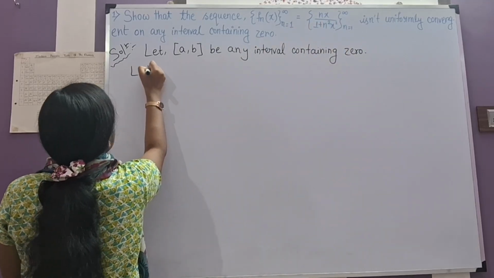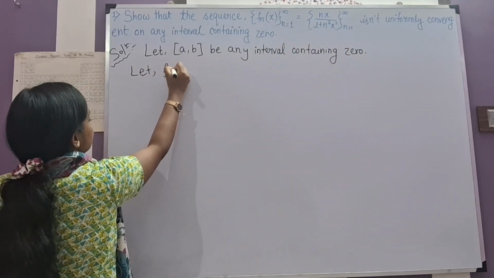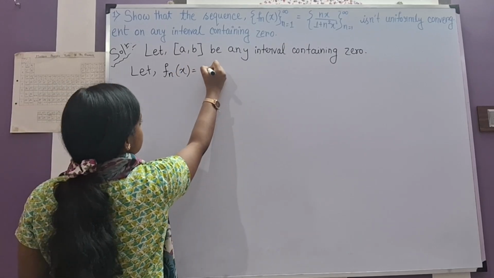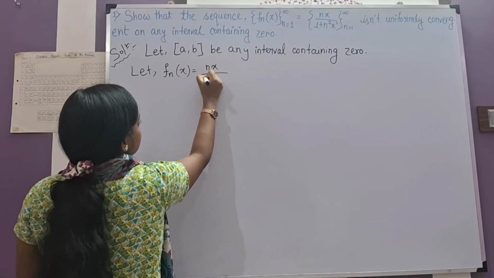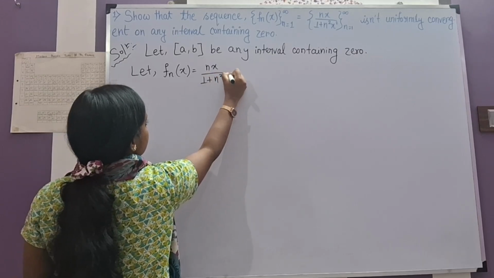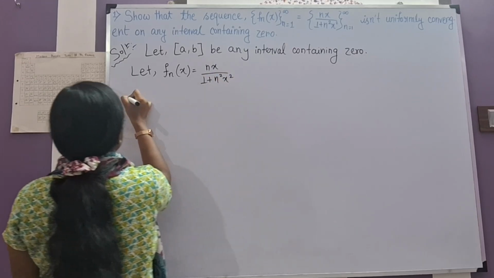Now let fn(x) equal to what is given? nx by 1 plus n squared x squared.